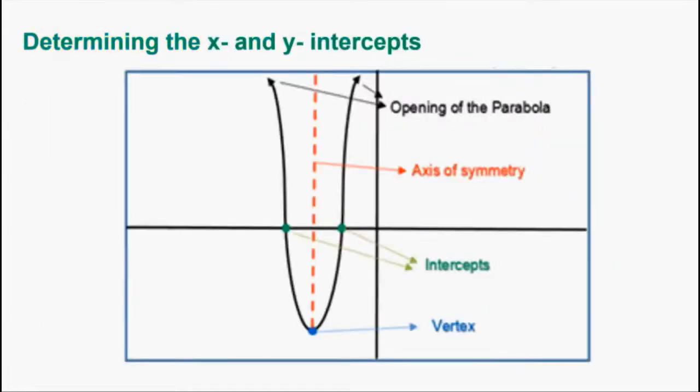Next is determining the x and y intercepts. Intercepts ang tawag doon sa mga points ng parabola na nag-pass through or dumaan sa ating axis. X-intercept kapag nag-pass through siya dito sa ating x-axis at y-intercept naman kapag nag-pass through siya dito sa ating y-axis.